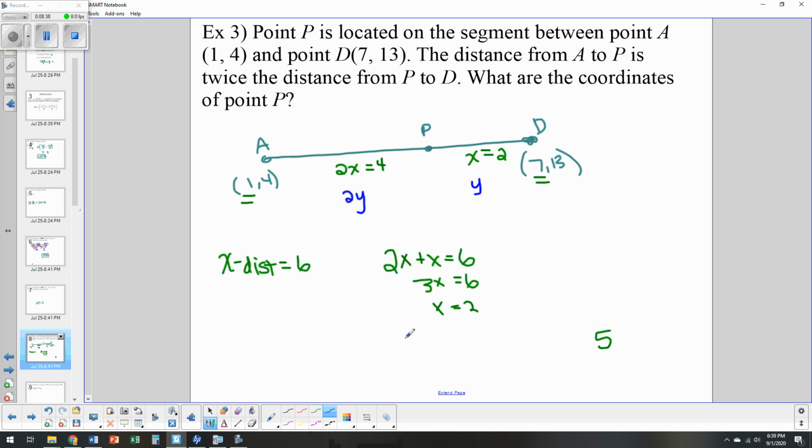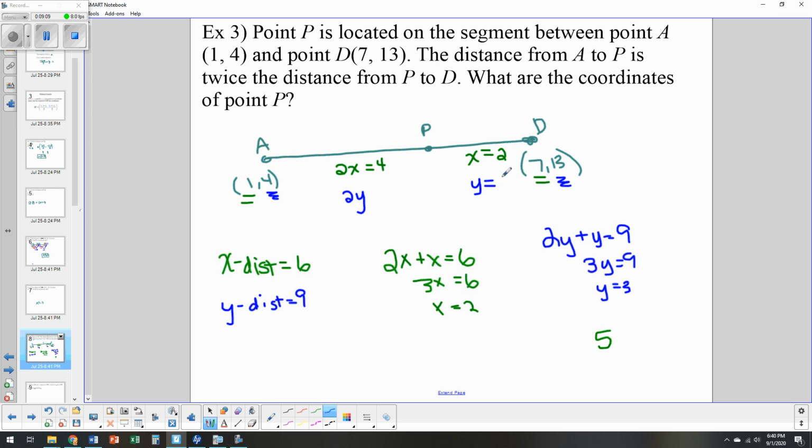Now, for the y's. If I look at my y value, 4 to 13, the distance that travels for y is 9, right? 13 minus 4 is 9. So now we're going to do 2y plus y equals 9, or 3y equals 9, and y is 3.